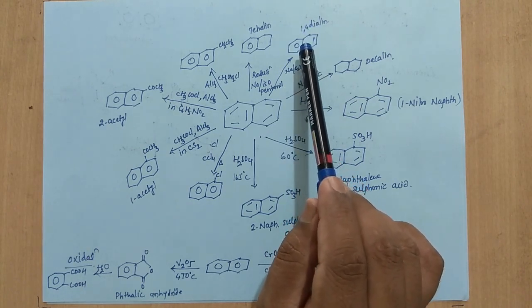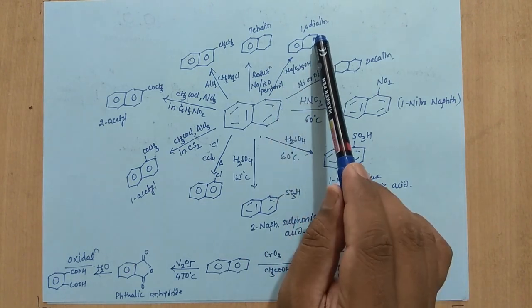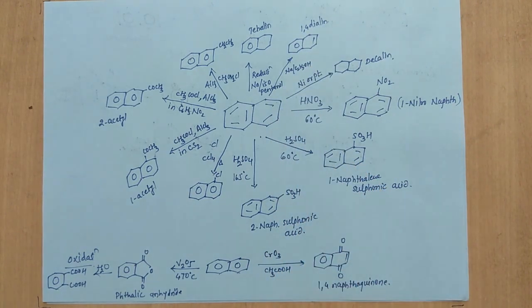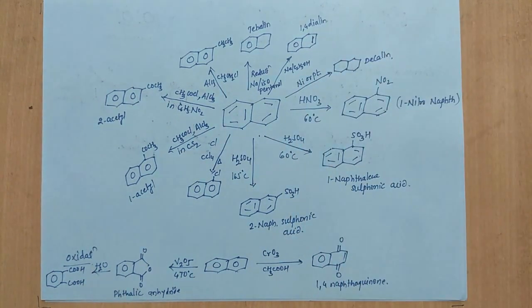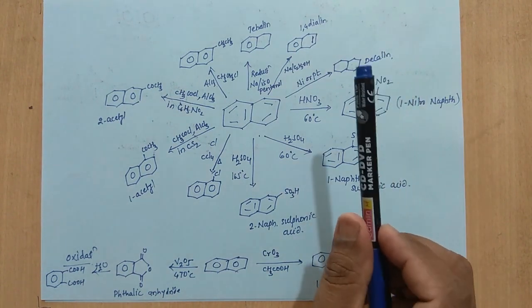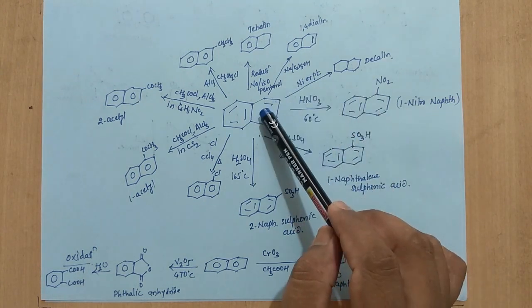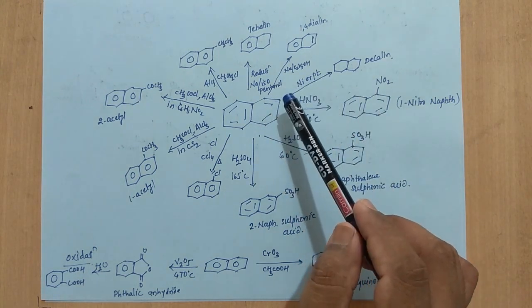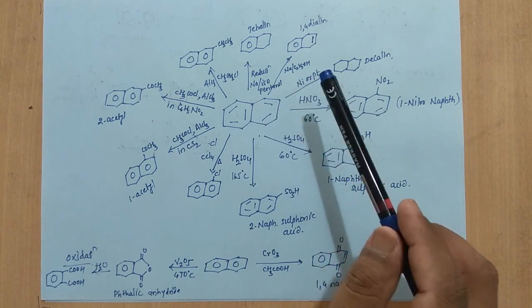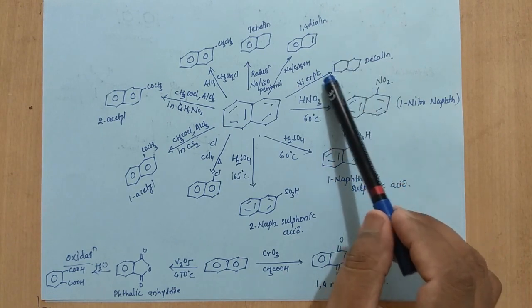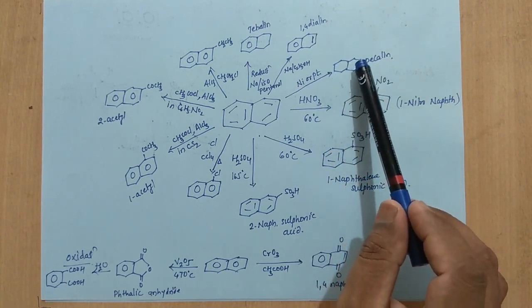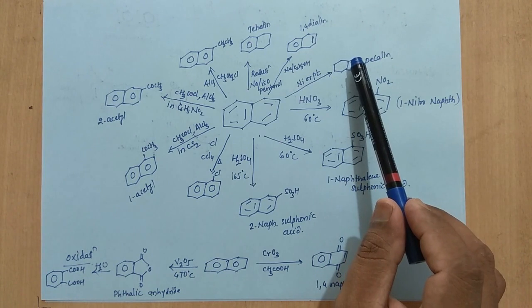So this is called 1,4-dihydronaphthalene. Okay, remember this is a double bond. Okay, this is a double bond. Now reduction can also be carried out where naphthalene is reacted with hydrogen gas in presence of nickel or platinum. It gives decalin. All the carbons in the naphthalene structure are reduced.